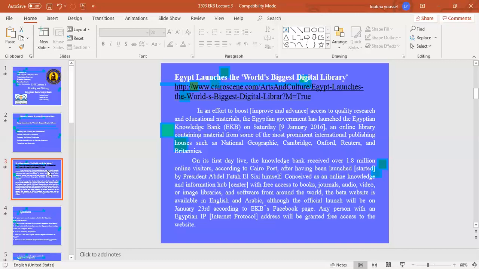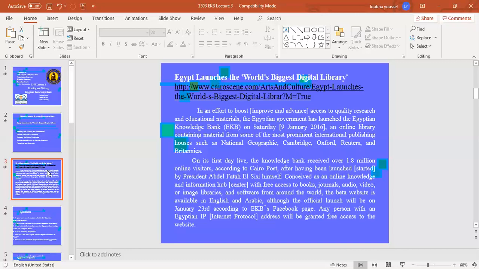Now, before I read the second paragraph, I want to point out something important. There is information between square brackets, like improve and advance. 9th January 2016. What is the meaning of using a square bracket?